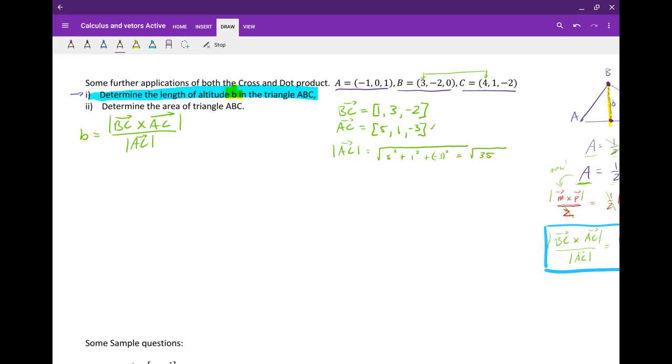Square root of 35, okay? These square root symbols got a bit big, so this was supposed to be the square root of 35. That's the magnitude of AC, so that goes here.